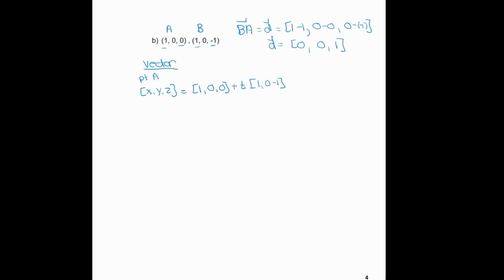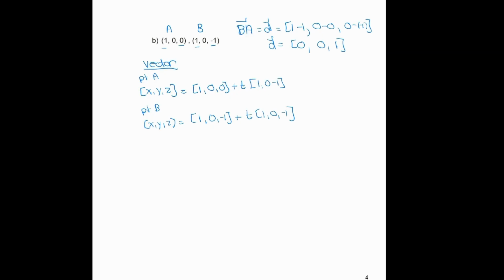If you chose to do point B, it would look exactly the same. X, Y, Z is equal to, this time, 1, 0, negative 1 plus t times 1, 0, negative 1. So those would be our 2 possibilities for our vector equation of a line.